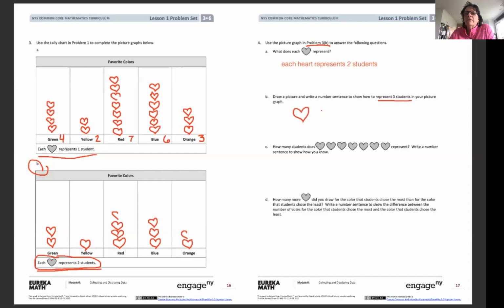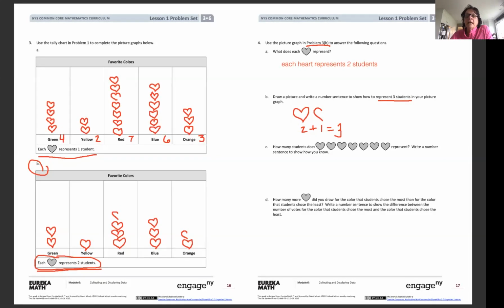And then if we have a half of one, that would be 3 students. So 2 plus 1 equals 3, okay? I just want to see if you understand how you have to break your symbol and your key apart if you have only 1 student that you're trying to represent.